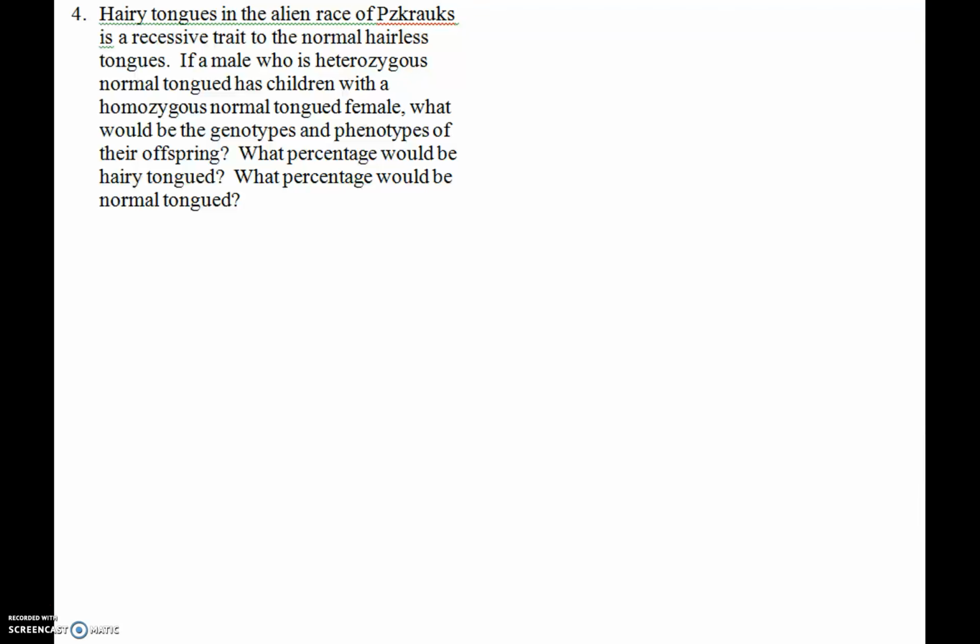All right, hairy tongues in the alien race of, I don't know, is a recessive trait to the normal hairless tongues. So this is hairless, and then this is hairy.